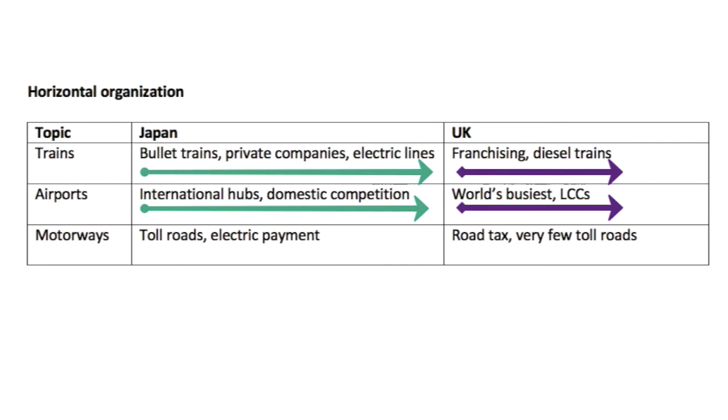And finally, the third topic, motorways, we can compare Japan and the UK with toll roads and electric payments in Japan, and in the UK, payments are through road tax and there are very few toll roads. So you can see from the trace of the different topics that we've gone horizontally across.